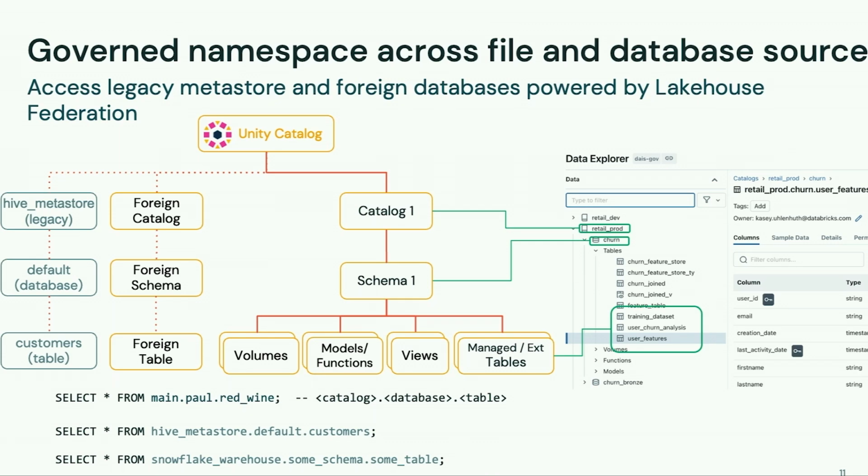So you have your metastore at the top, and there can be many catalogs created within the metastore. For each of these catalogs, you can create multiple schemas, also known as databases. And within the databases, you have these data assets and AI assets: AI models, as well as tables, views, volumes, functions, and so on.